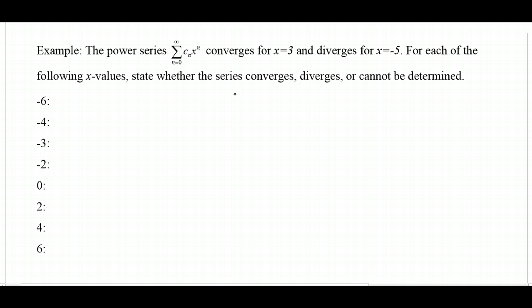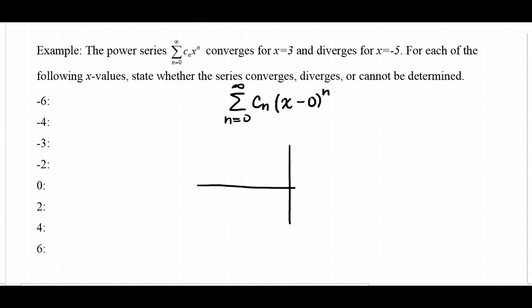Okay, so this power series, I'm going to rewrite it right here. The sum of n equals 0 to infinity of c sub n x to the n tells us a lot. It tells us that my center is 0, because the general form of a power series is c sub n times x minus a to the n. So this is a really generic way of writing a power series.